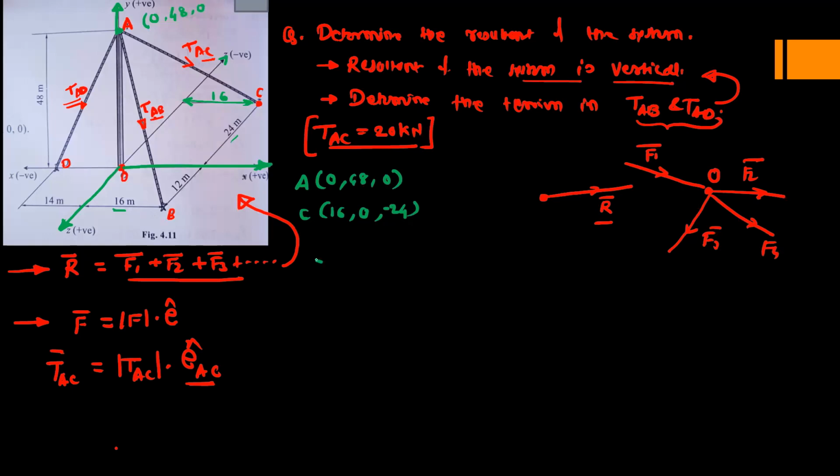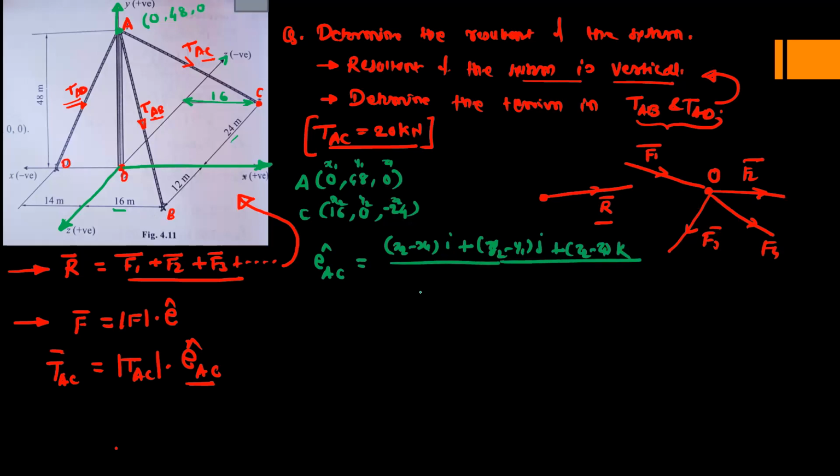Now you can find the unit vector AC. Consider this as x1, y1, z1 and this as x2, y2, z2. Our formula is (x2 minus x1) i plus (y2 minus y1) j plus (z2 minus z1) k, upon the magnitude of that position vector.